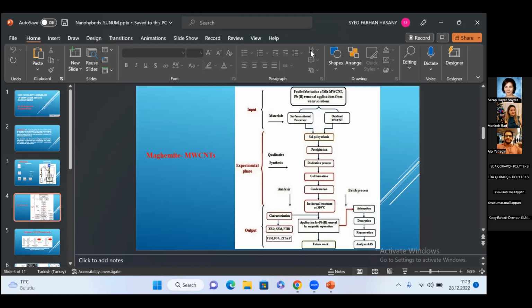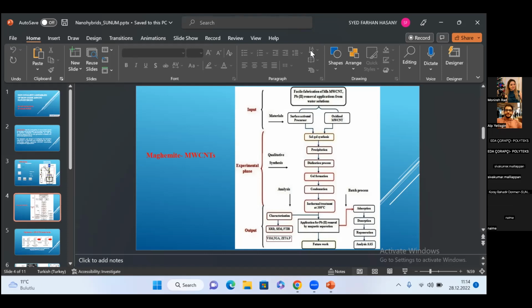The heating temperature to prepare a maghemite multi-walled carbon nanotube nanohybrid was around 300 to 350 degrees Celsius. If we increase the temperature, these nuclei of iron hydroxide will convert into another polymorph oxide.